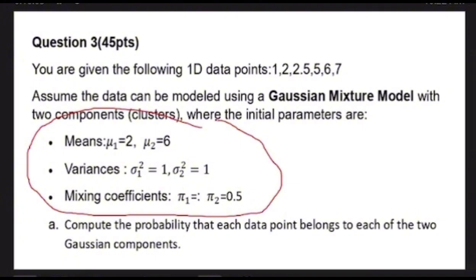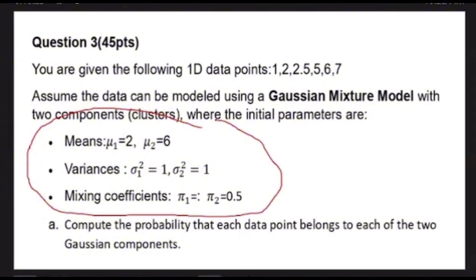The question says, compute the probability that each data point belongs to each of the two Gaussian components. Don't forget, in a Gaussian mixture model we normally have what I call probabilistic assignment. There's overlapping, right?